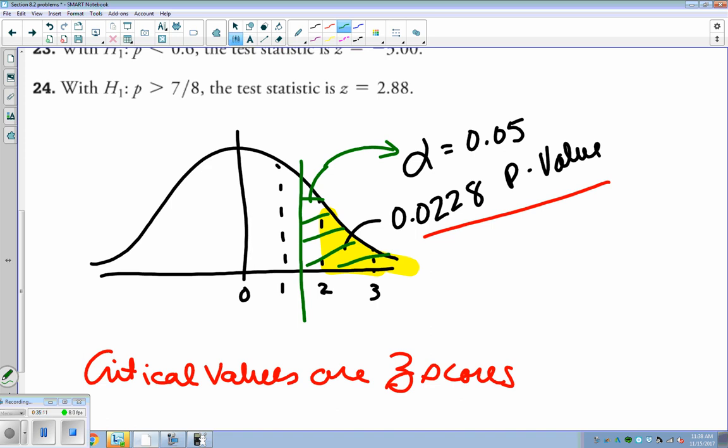So I need to find the z-score where 0.05 is to the right of z. Remember, that's really what we're asking for. Find the z where the area to the right of z is 0.05. That's really what we're asking for, isn't it? We can do that on our calculator. It's inverse norm.